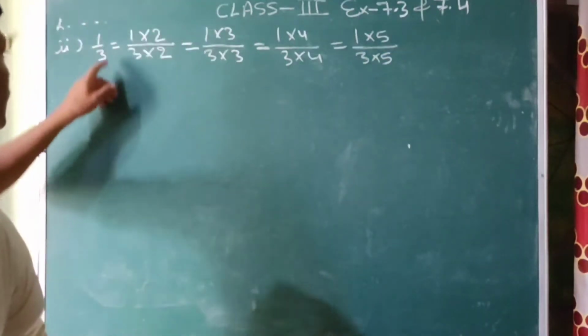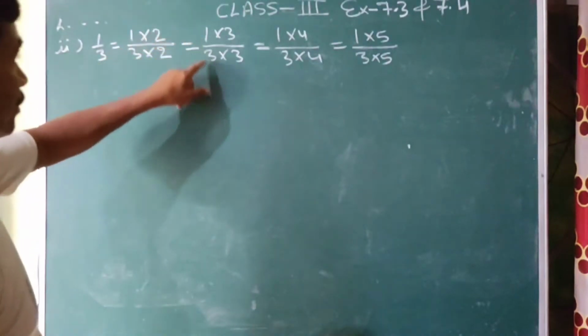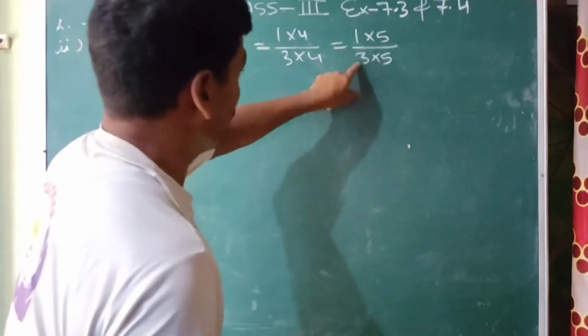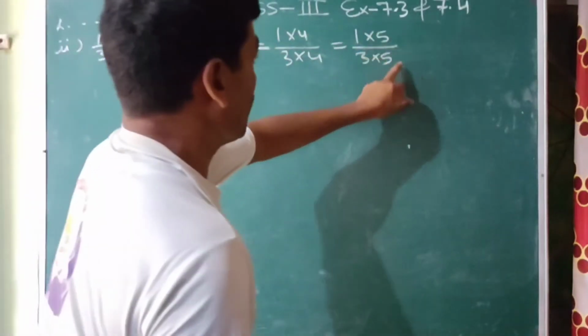See that here is a 1, so we will write the same thing here. This one also the same, this one also the same, this one also the same. Now 2 2, 3 3, 4 4, 5 5.